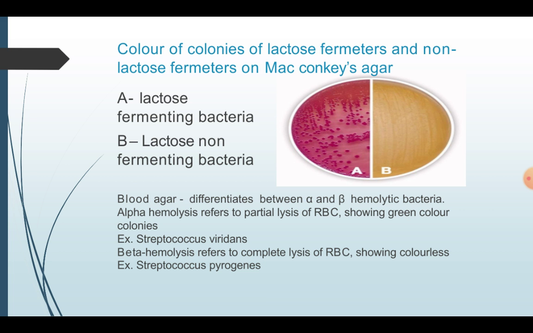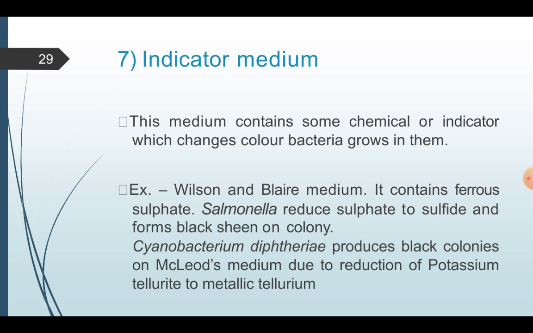Alpha hemolysis refers to partial lysis of RBCs showing green colonies, for example Streptococcus viridans. Beta hemolysis refers to complete lysis of RBCs showing colorless zones, for example Streptococcus pyogenes.